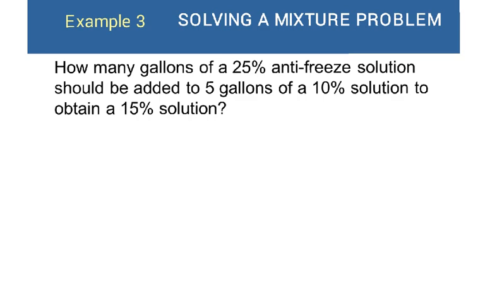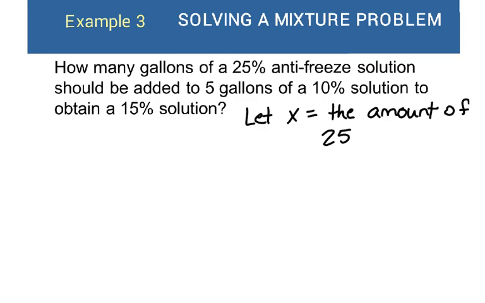What I'm going to say here is let x in this case be equal to the amount of our 25% solution, because we are wondering how many gallons of this 25% solution of antifreeze we should add to the 5 gallons of 10% solution.